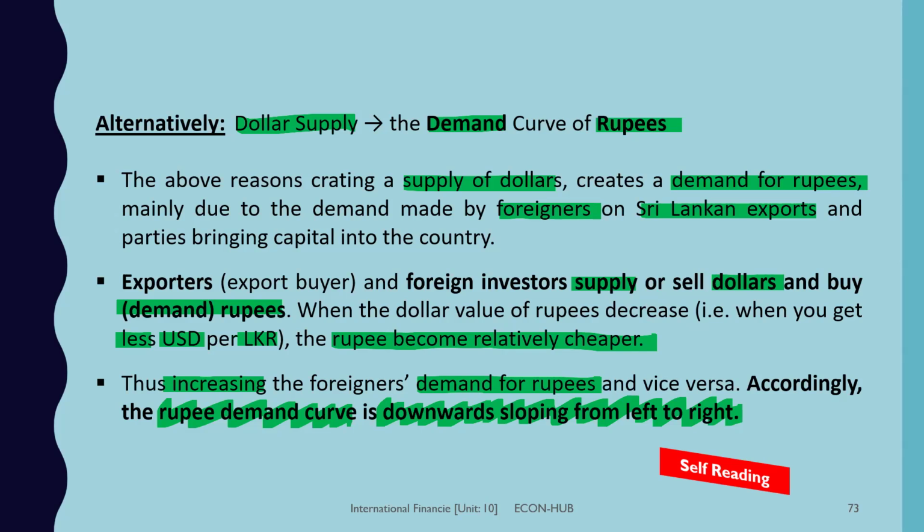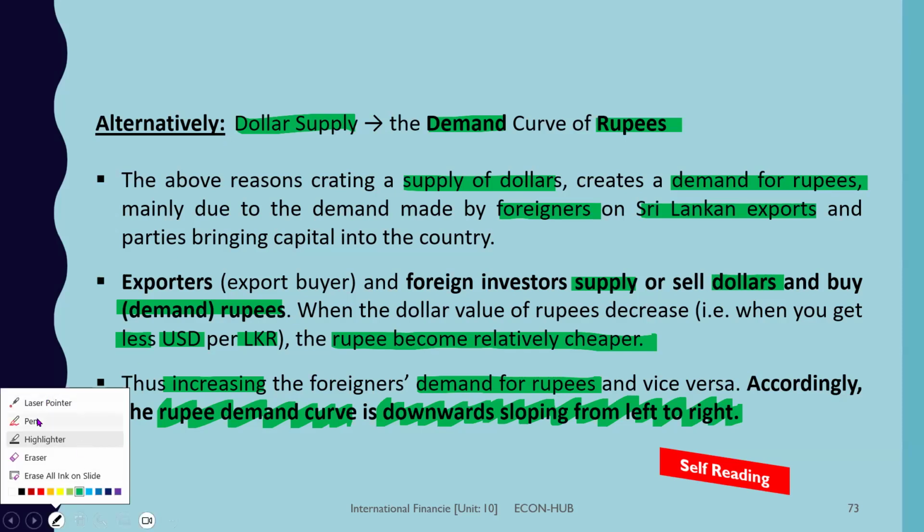We try to explain the law of demand and supply for currencies based on when the value of the dollar decreases, that means the value of the rupee increases. Get it? When the value of the rupee decreases, the value of the dollar increases. So it's a very simple concept here.